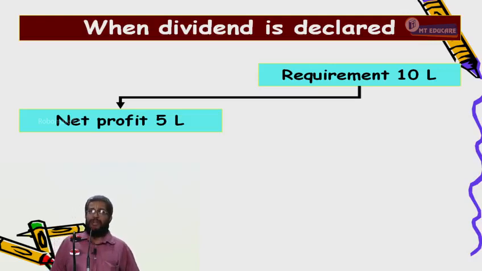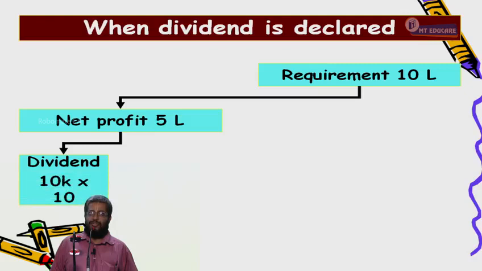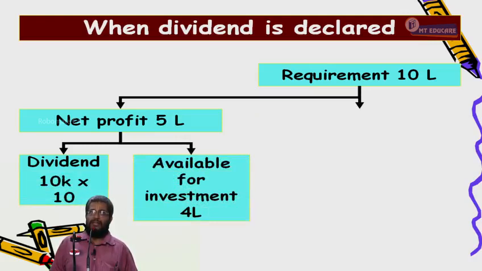Net profit first branch 5 lakhs. Can entire 5 lakhs be used up? No. What happened to 5 lakhs? Branch it into 2. Dividend 10,000 shares into 10, 1 lakh. Available for investment 4 lakhs.